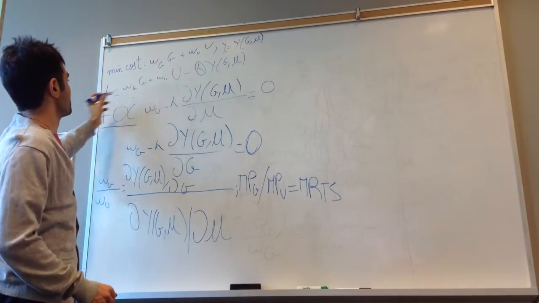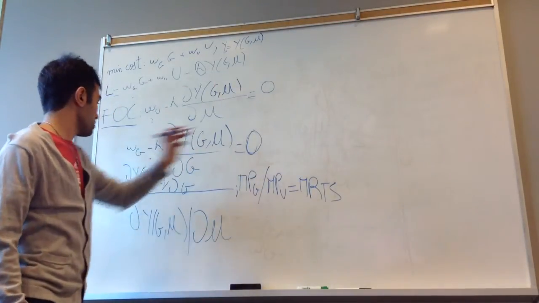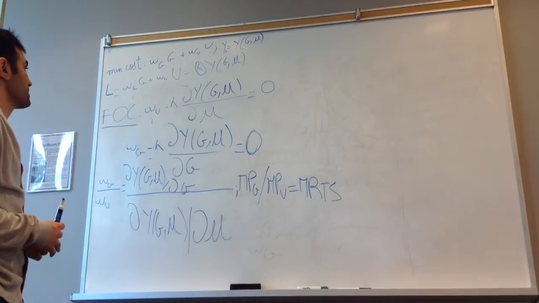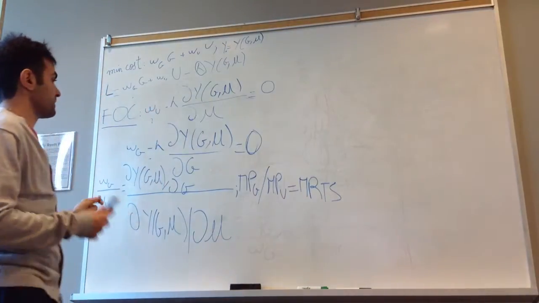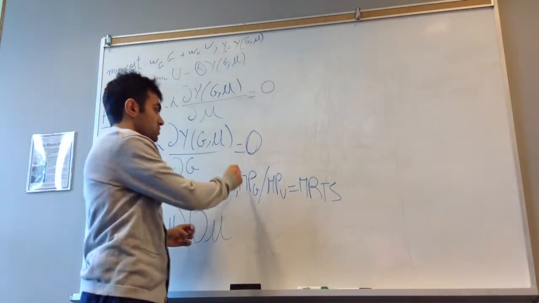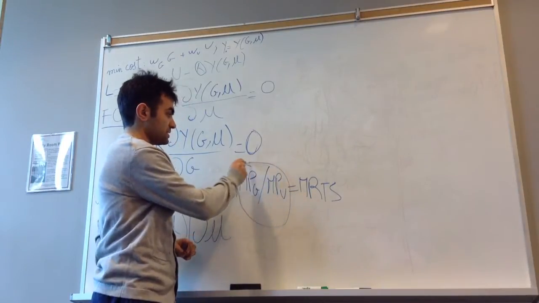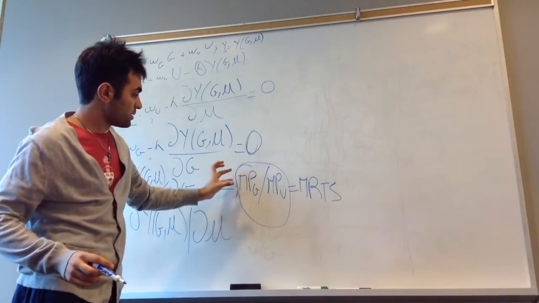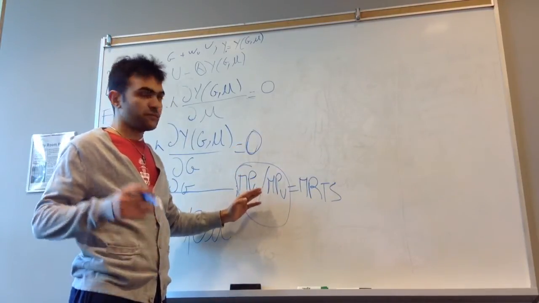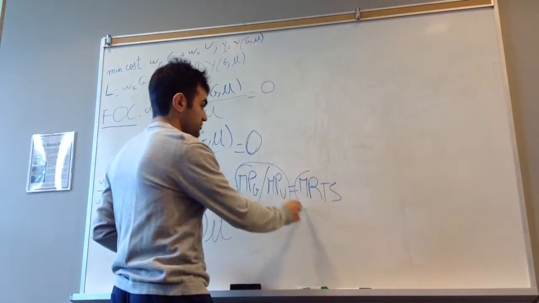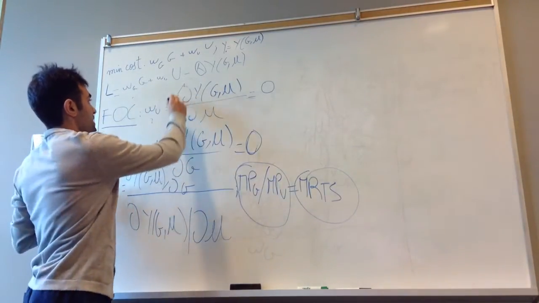We derive the Lagrangian in terms of G, and then we derive it in terms of U, and we equate both to 0, and that allows us to find WU and WG in terms of the derivatives of Y with respect to G and U. Since we need to satisfy these first order conditions, we have to equate the marginal product of gnomes over the marginal product of unicorns to the marginal rate of transformation of this production function, which is right here.